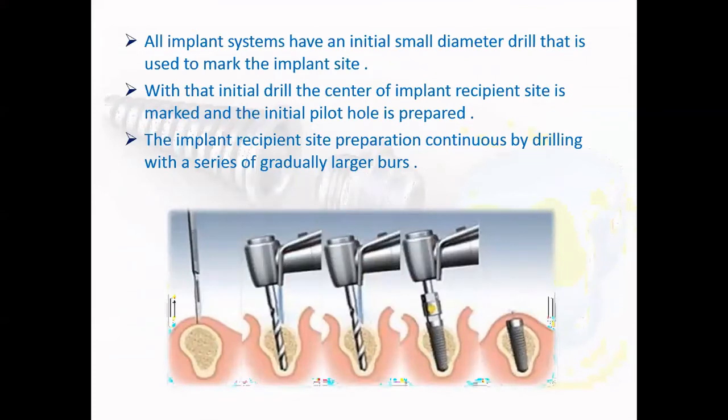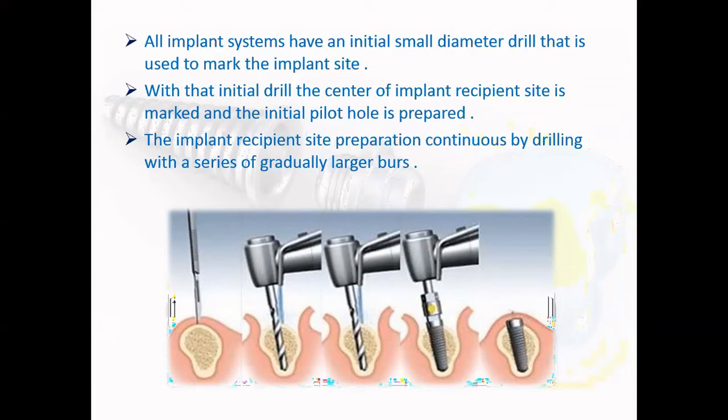All implant systems have an initial small diameter drill that is used to mark the implant site. This is called the pilot drill, which we use for the initial drilling. With the initial drill, the center of the implant recipient site is marked and the initial pilot hole is prepared.